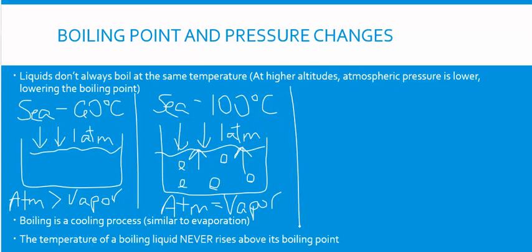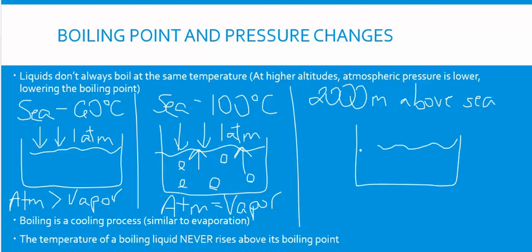Let's change altitude. Let's say we're 2,000 meters above sea level. Same container of water. But if we're above sea level, the atmospheric pressure is decreasing. So it's no longer 1 atmosphere that's pushing down. It's going to be less. Let's say it's 0.9 atmospheres pushing down instead of 1 atmosphere.